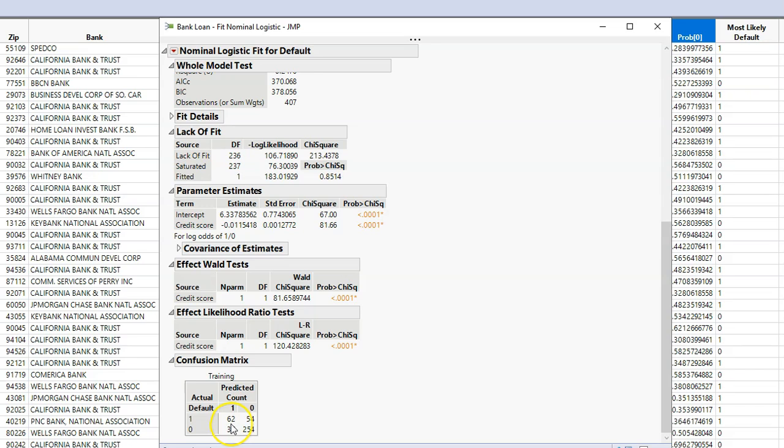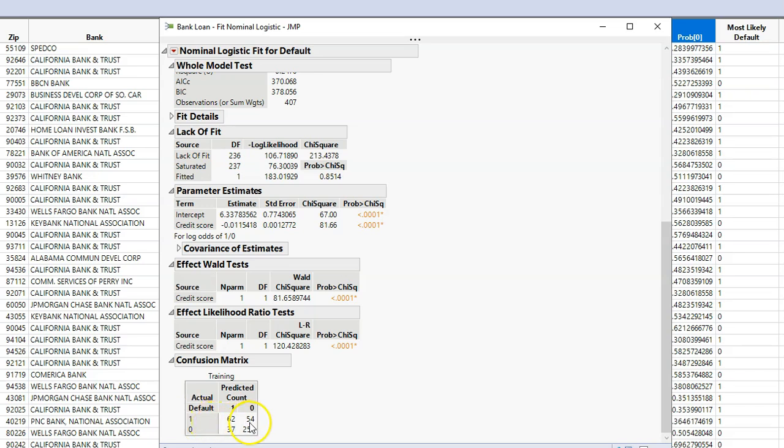The confusion matrix shows us, based on the predicted formula, based on the logistic regression formula, what portion of those actual cases were correctly predicted. So if they were 1, means they had defaulted. How many of them correctly were predicted to default? 62 of them.